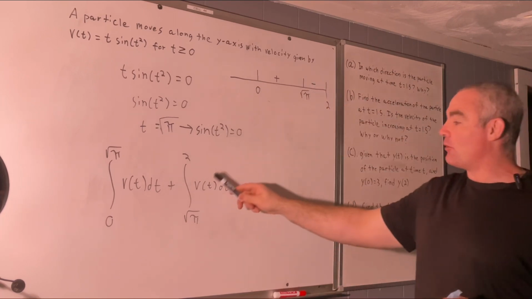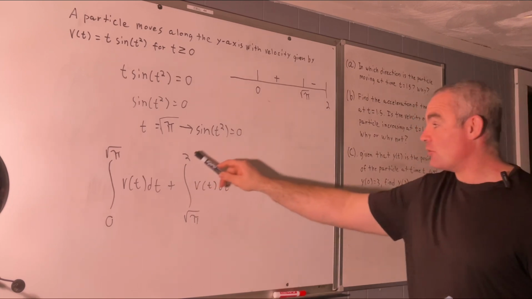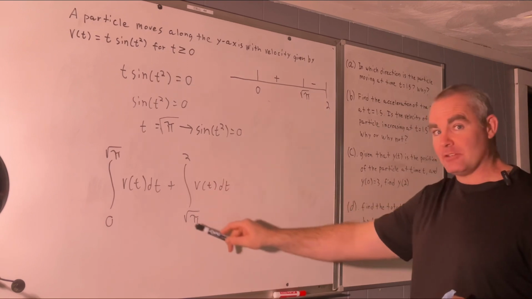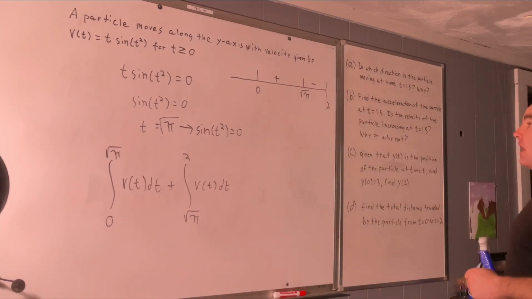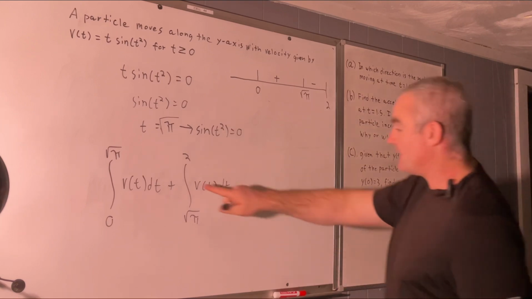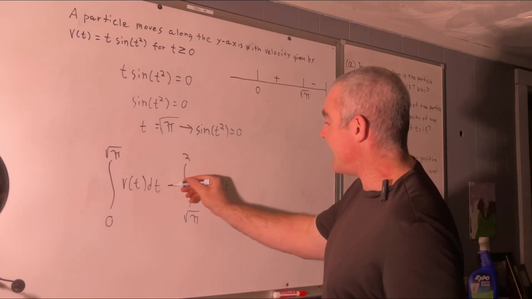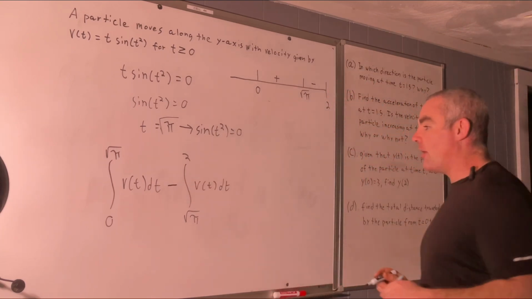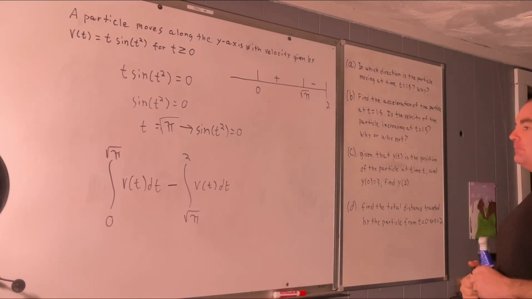So we need to count this. This is going to give you a negative value. It's going down. So whatever we actually need a negative here. Because that thing represents negative movement, we need to compensate for that by putting a negative sign there.